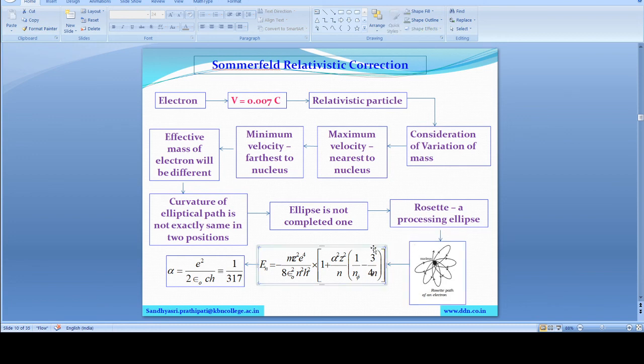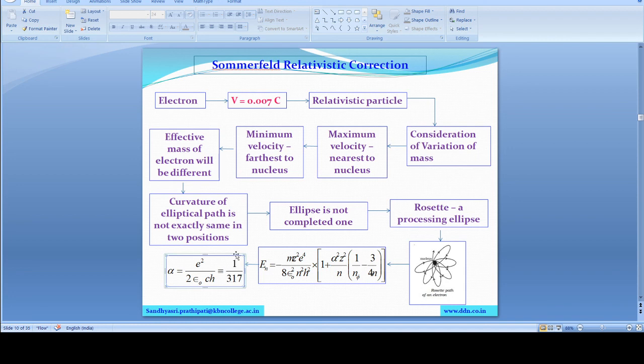So there must be a change in the energy of the electron equation. So he has included this term alpha square in the energy term, the Bohr energy term. What is meant by alpha? Alpha is equal to e square by 2 epsilon c h, which is approximately equal to 1 by 137.